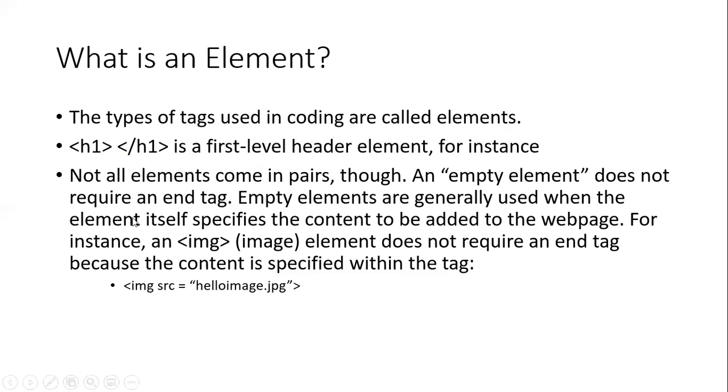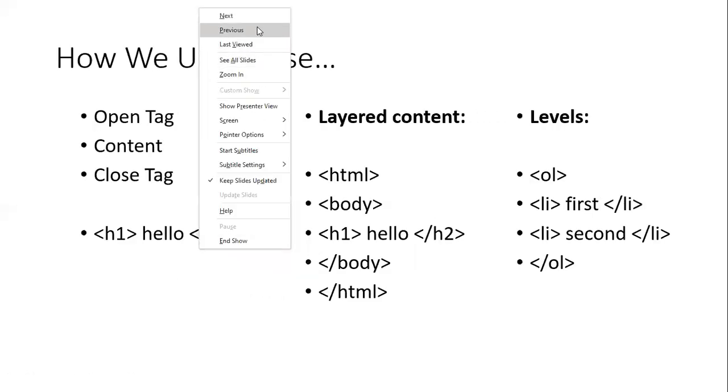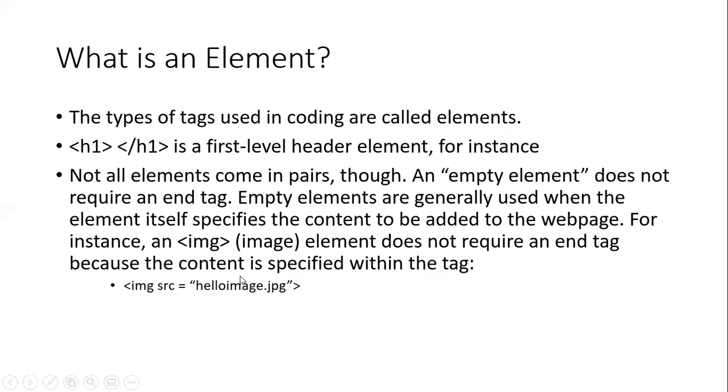There are exceptions, and those exceptions are generally where the content is going to be specified in the actual tag itself. And those are generally cases where the content is coming from somewhere external and being pulled onto the site. So here I give the example of an image. You're telling the computer, "Hey, I want to place an image here, and this is the image." And there'll be a list of empty elements, so you'll be able to refer to that as we build our sites.